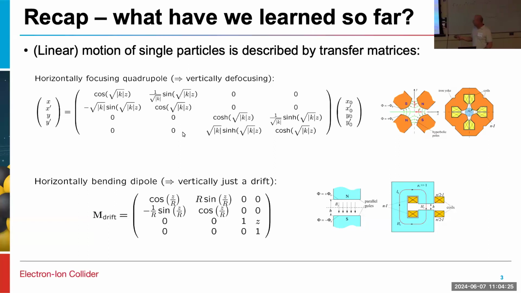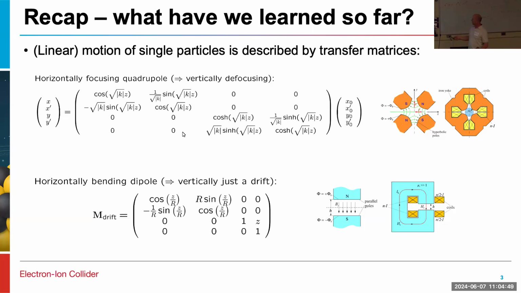And then the horizontal motion in that dipole relative to the closed orbit. So this is not in real space, that's relative to the curved orbit, the design orbit in that dipole, described here by this part of the matrix, the first 4 elements here. Vertically, it's just a drift of length z in this case.